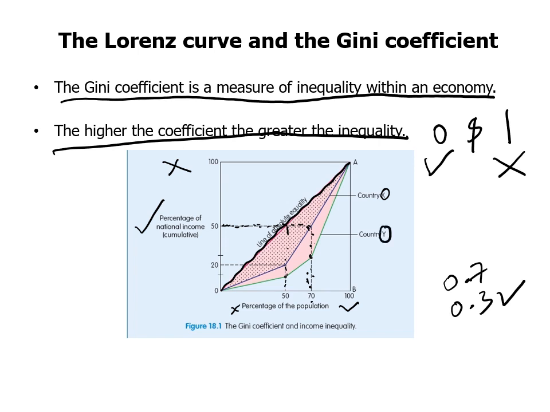Now we can see 50% of the national income is owned by about 80% of the population. So you can see that country Y is slightly less equal than country X. We could have a situation where it's so badly skewed.